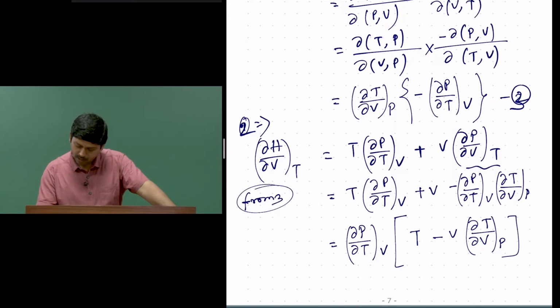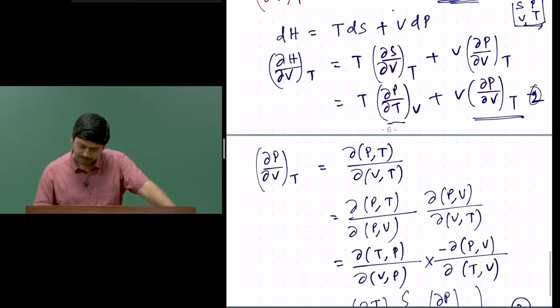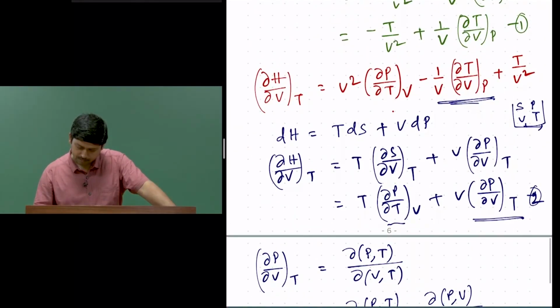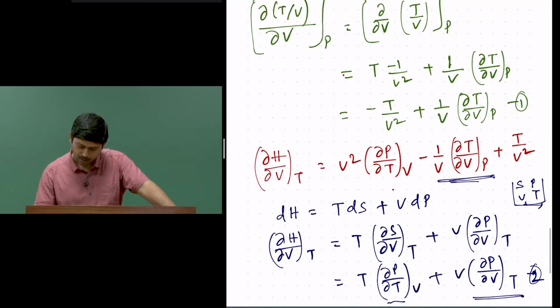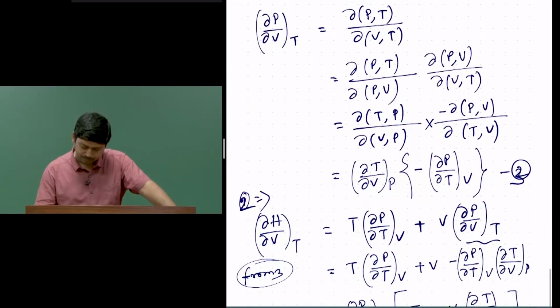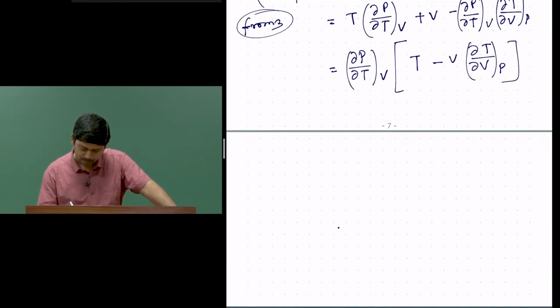So, now T minus del T by del V, let us see here, T minus, if I take a minus of that, if I multiply by V square, then it will be T minus V into, yes. So, from equation 1 now, I will just write equation 1 once more.